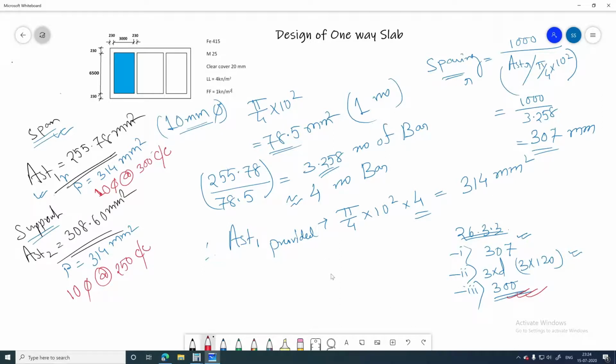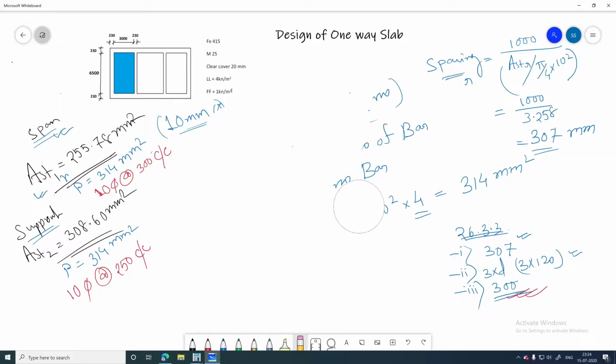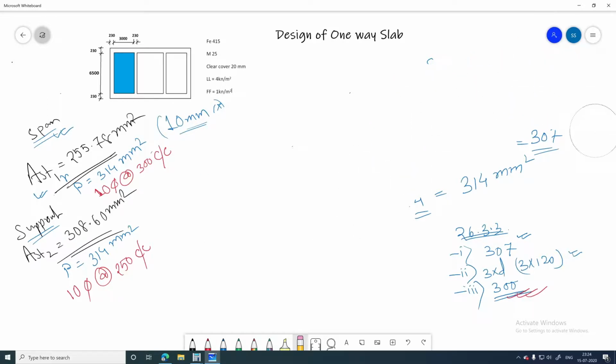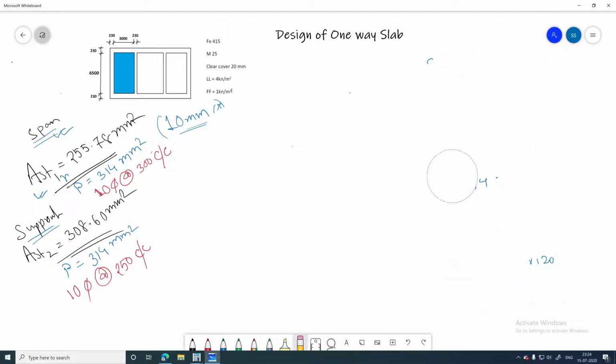Now, coming to the next stage, the minimum reinforcement. What is the value of the minimum reinforcement?